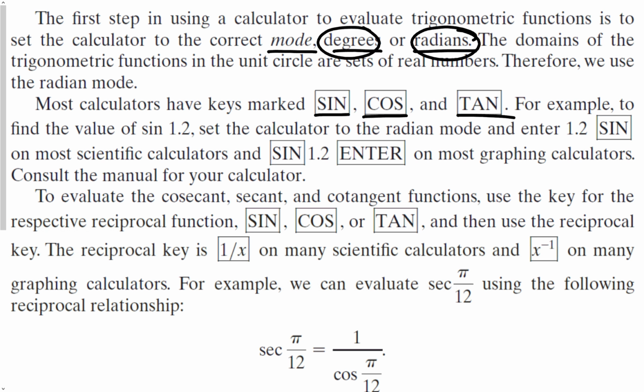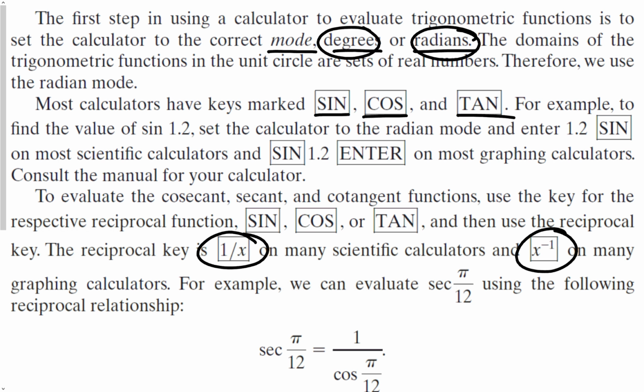I don't think I've ever seen a calculator that actually has a button for cosecants, secants, and cotangents, but all calculators pretty much have the reciprocal button, or it looks like that on some calculators.